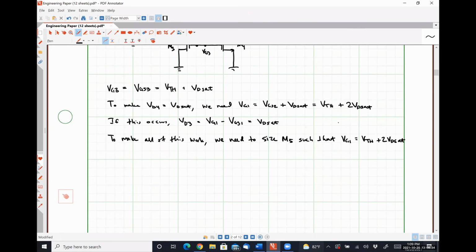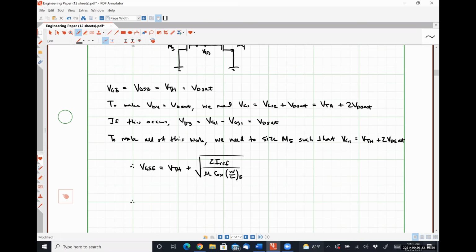So we can say that VGS5 will be VTH plus the square root of 2 times our reference current divided by mu n Cox W over L for transistor 5, right? We're forcing a current of IREF flowing through it, and so that feedback system winds up giving us that voltage at our gate of transistor M5.